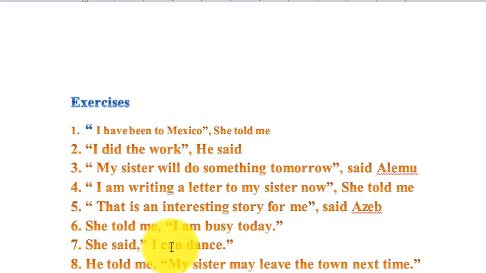She says that she could dance, I will report. So sometimes in your question, the direct statement is given and it asks which one of the following statements is the correct reported speech form.